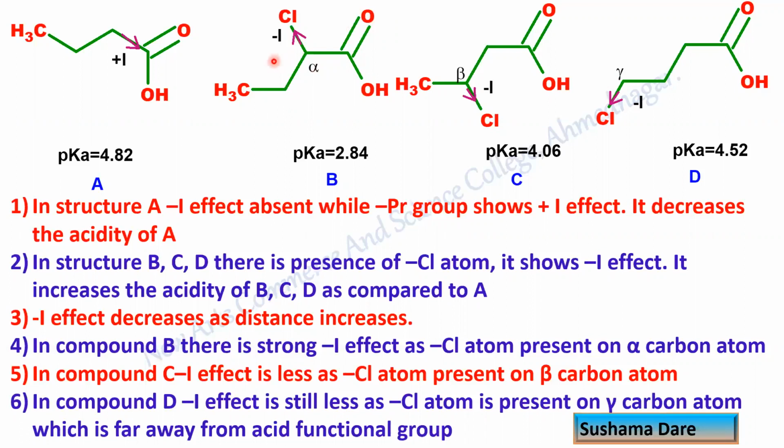As the minus I effect goes on decreasing from B to C to D, automatically it decreases the stability of conjugate base from B to C to D. So because of this, the conjugate base of B among all the structures is highly stable, hence it acts as a strong acid, that is, it shows pK 2.84. But as the distance goes on increasing, the pK value goes on increasing, and that's why acidity goes on decreasing.